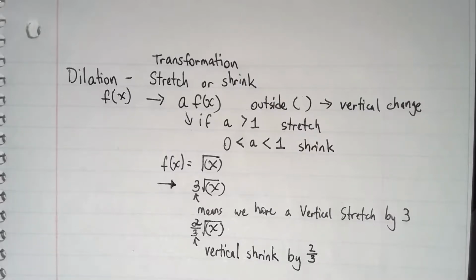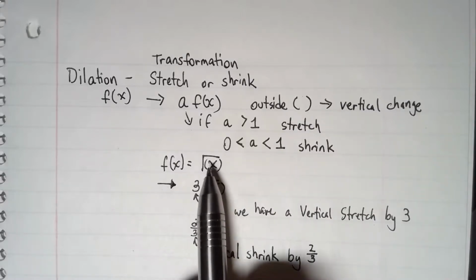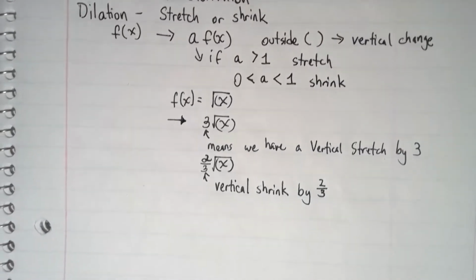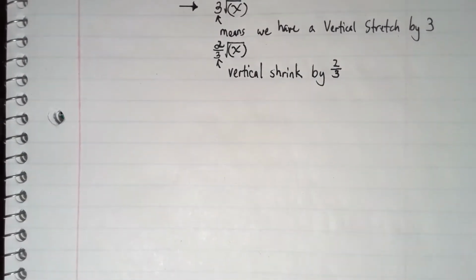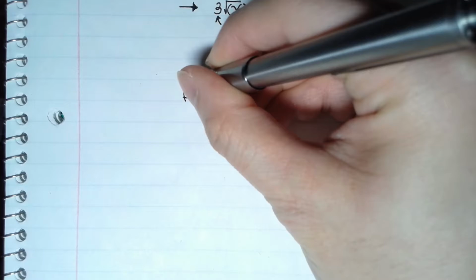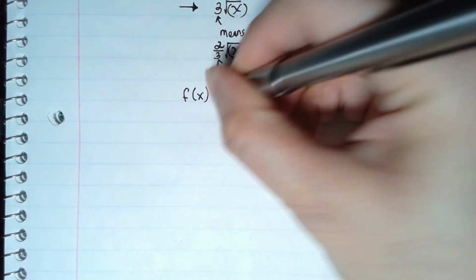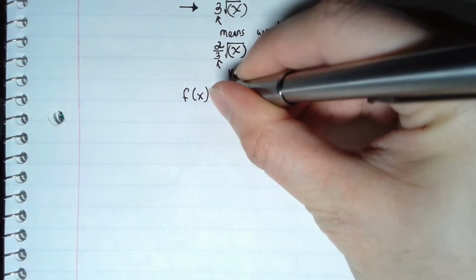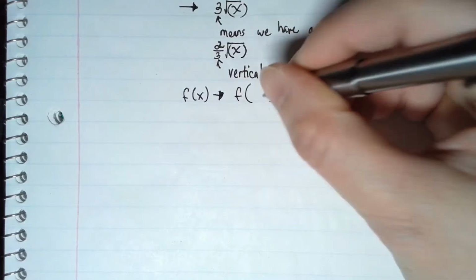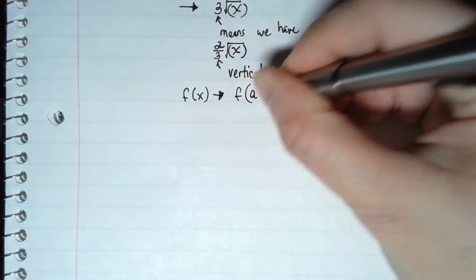Now, let me show you a horizontal stretch or shrink then. If you remember from the last video, a horizontal change happens when it's inside the parentheses, so we've got to make something that happens inside the parentheses. So once again, what if I change f of x into f of a times x?